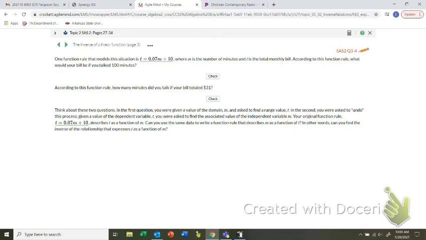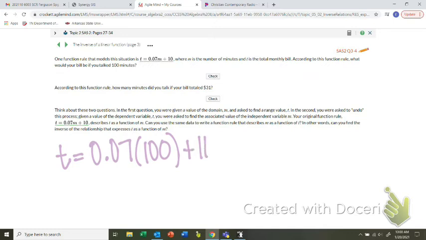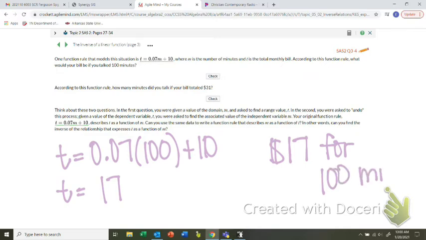We have to figure out our total amount, so we leave that spot open. T equals 0.07 times 100 minutes, plus 10. If we type that in, we get 17. So our total amount is $17 for 100 minutes.